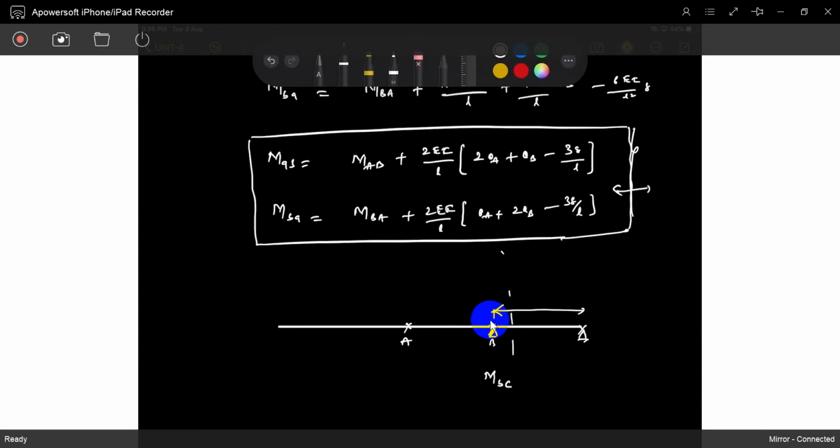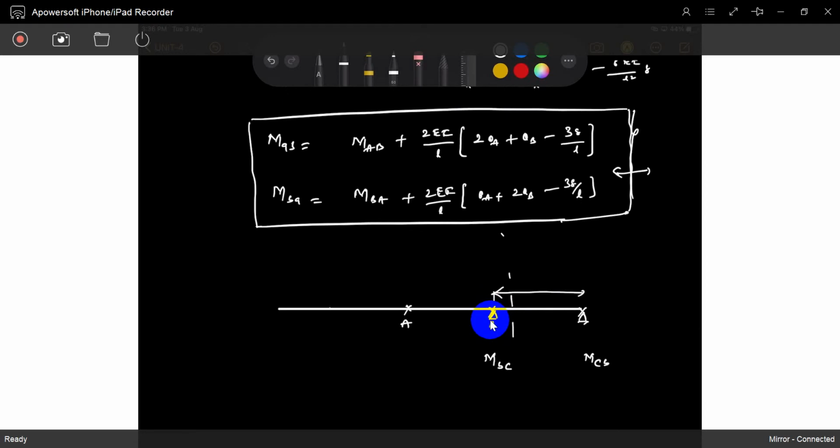Okay. Next MCB. So in this also, you can write down however many joints there are, you will get the same equations. If A, B, C, three joints are there, you will write MAB, MBA for this span AB, and for this span BC, MBC, MCB.